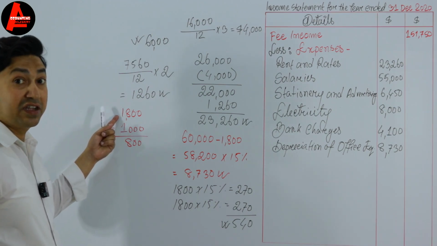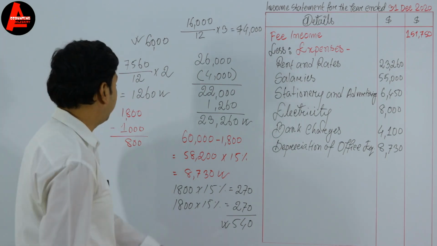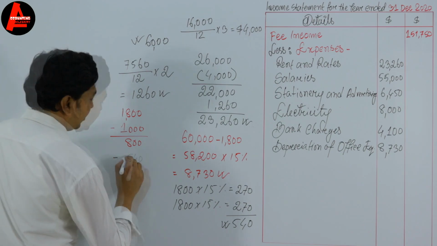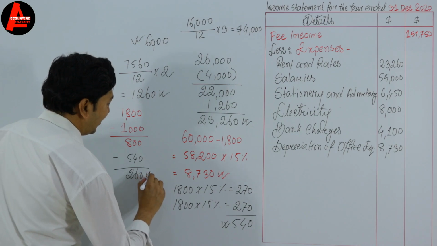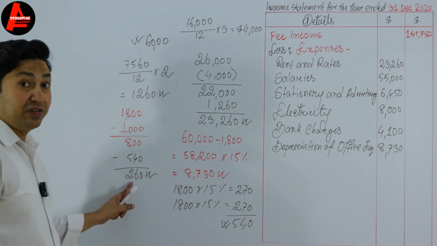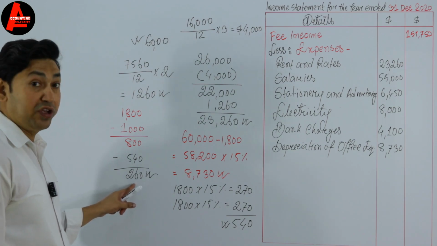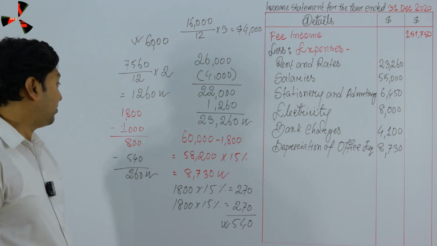The cost price is $1,800. Now if we subtract this depreciation from $800, we get $260. So this is the loss on the disposal. This value we will show in the expense section of the income statement.